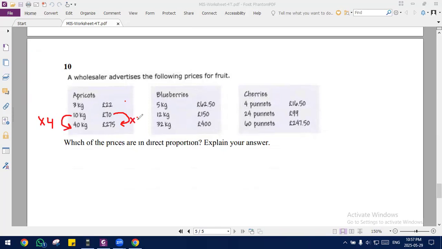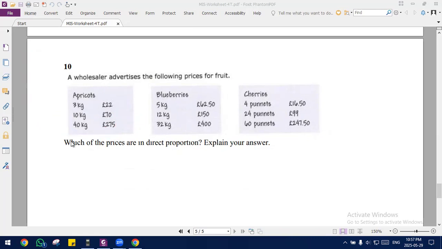If I multiply it by 4, will I get the answer that is written? 70 times 4, you do 7 times 4 is 28. Then let's put the 0 of the 70. So we find out that it should be 280, but the value here is 275. So when I multiply by 4, did I get the correct answer? No. So are they in direct proportion? No, it's not.